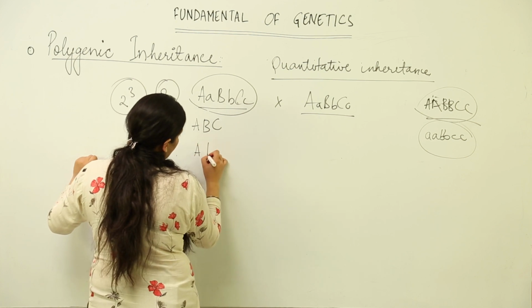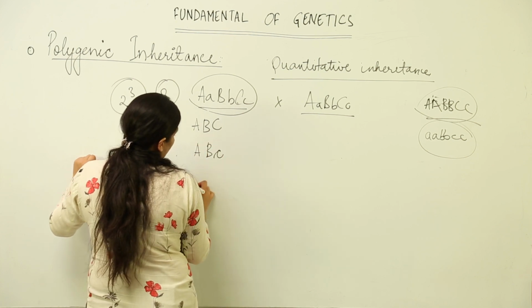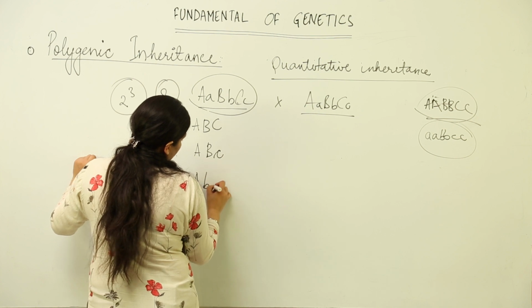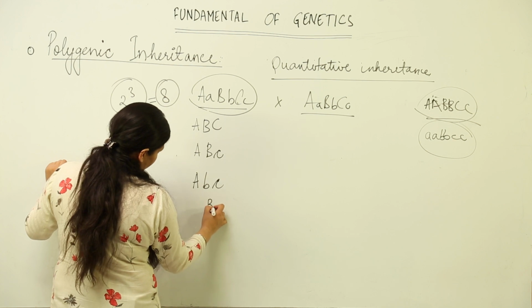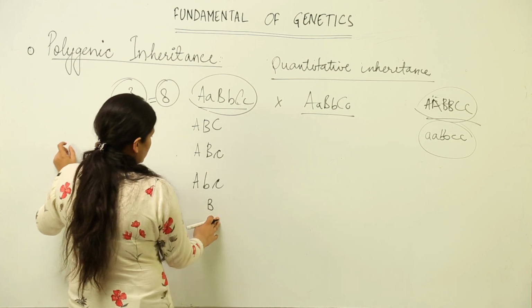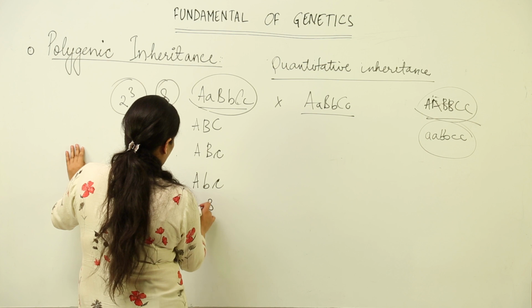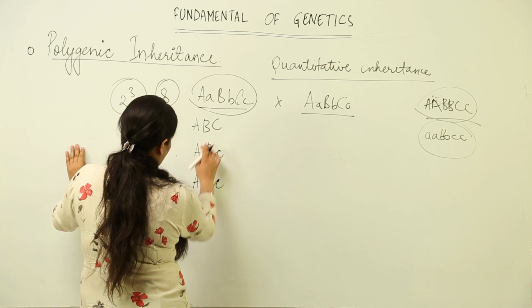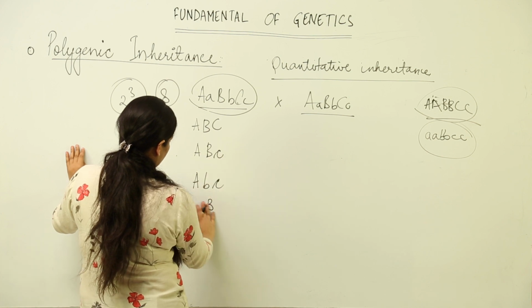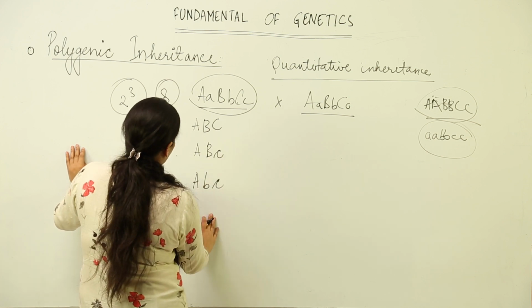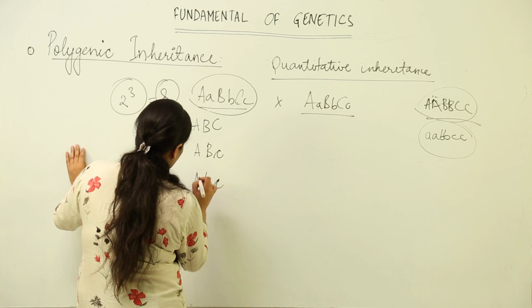Next is capital A, capital B, small c. Third would be capital A, small b, small c. Now we'll take B into consideration. Over here it is A, B, C. A, B, C, capital A, capital B. Now we are going to take into consideration small a.